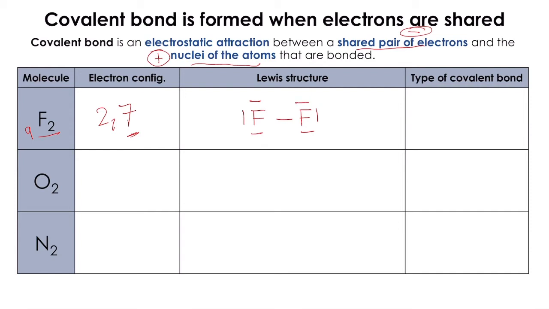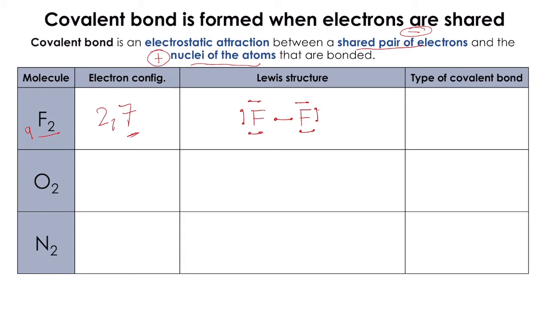We have 1, 2, 3, 4, 5, 6, 7 electrons. And to make the last shell full, it would share this electron with another atom of fluorine, which has already 7. And now those 2 electrons are shared between those 2 atoms.